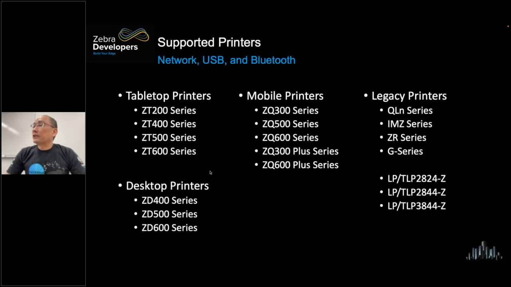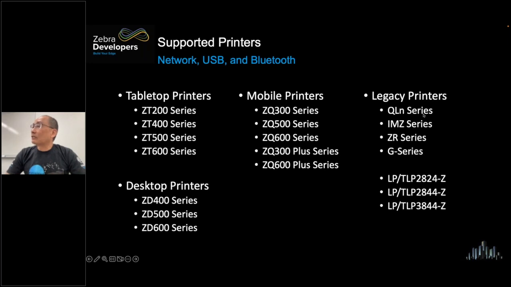This is a list of the printers currently supported by BrowserPrint. From this list, you can see all the tabletop printers, ZT models, and all the desktop printers, ZD models, are supported. Plus the mobile printers like the Z2 series are all supported. We also support a couple of legacy printers listed here.